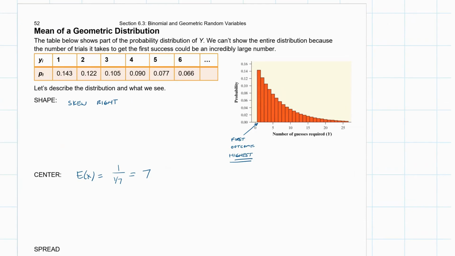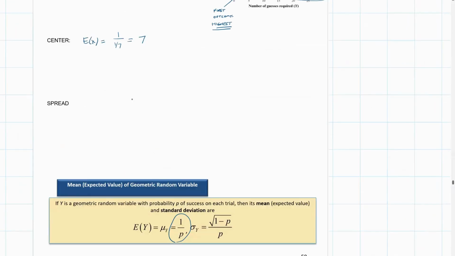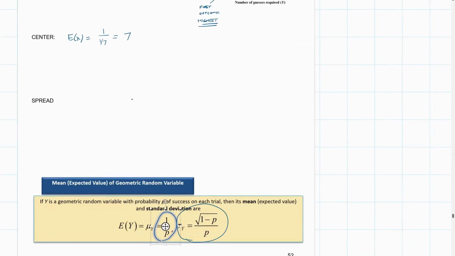Now remember, this 7 is here, but remember this tail goes out infinitely. And then our formula for spread is there, and it's the square root of 1 minus p over p, which in this case is the square root of 1 minus 1/7 divided by 1/7.